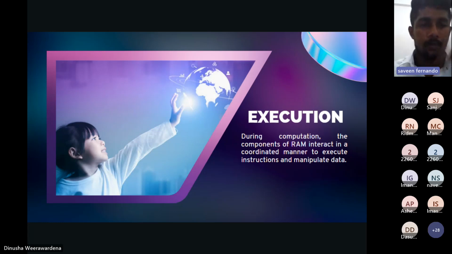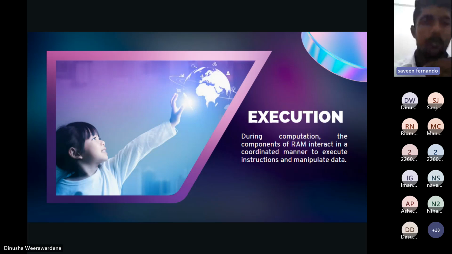Okay, so yeah, execution. All right. Let's talk about the execution process as a whole first. So as you can see in the slide, during computation, the components of RAM work together in a coordinated manner to execute instructions and manipulate data. That's what we call the execution process as a whole.